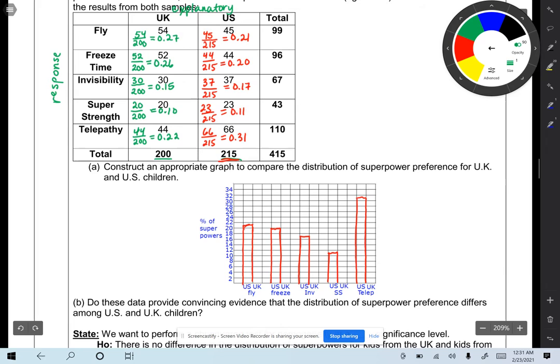Okay, now I'm going to do UK, so 27. And I'll do that graph, so it looks a little bit different. Okay, then 26. 15. 10.